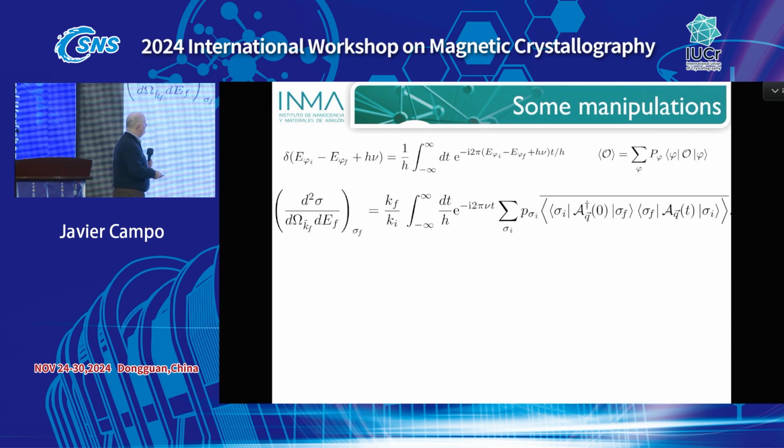It's the same. And there appears the conjugate operator at time 0 and the same operator at a given time, sandwiched between final and initial polarization states, and averaged over the initial polarization states of the neutron.